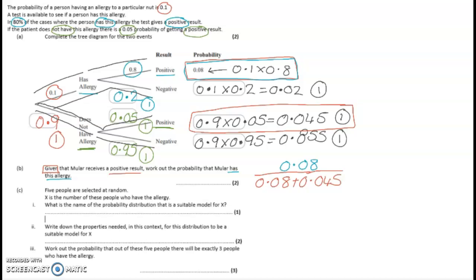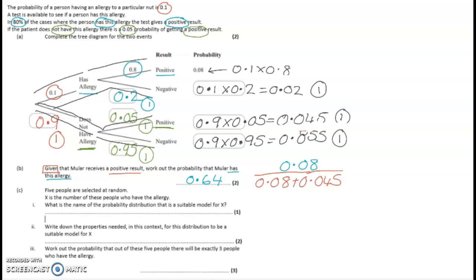Mathematically, I can't have decimals on a fraction. So I'm going to have to use division to do 0.08 divided by, and then the sum on the bottom of 0.08 add 0.045. That gives me a probability of 0.64.